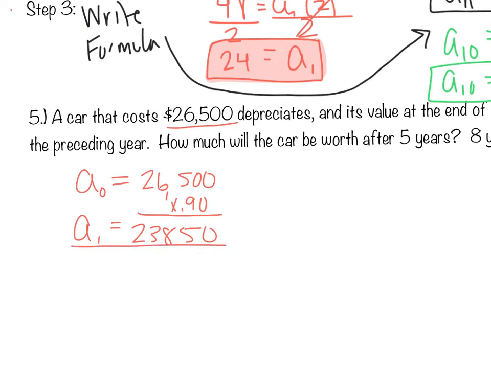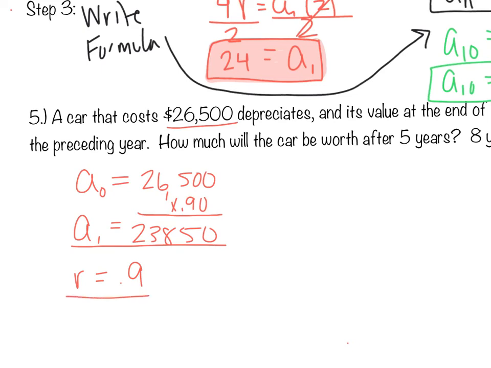It's the value of the car after the first year. Every year after this, it will be decreasing in value. It'll be 90% of its value from the previous year. Now the ratio, since we're multiplying by 90%, would be 0.9.